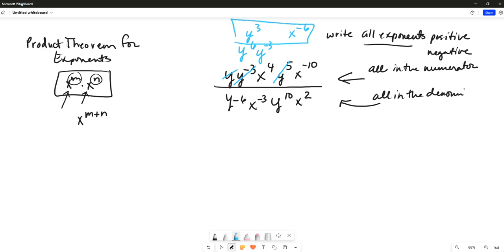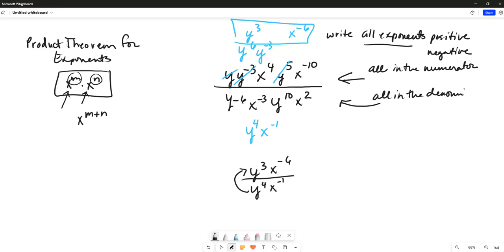All right, in the denominator, we have y to the negative sixth and y to the 10th. Well, that's going to be y to the fourth. And then the x's are going to be x to the negative third and x to the second. So that's x to the negative first. Okay, so if we put all of those into the numerator, that means that I'm taking this expression and I'm taking this y up here.